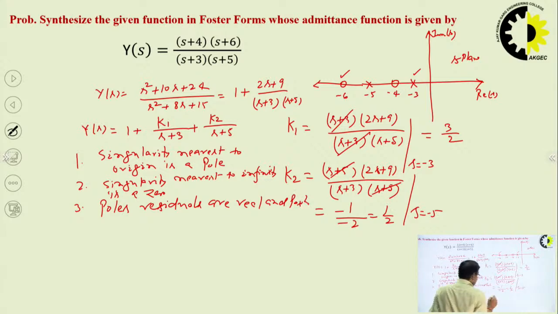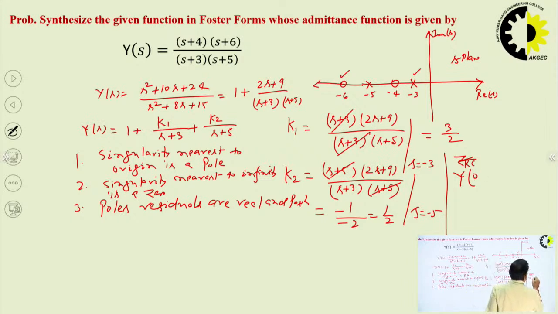Okay. At the same time, we can also find out what is your Z_RC(0), because it is admittance, so we go for the Y(0), not Z_RC and Z_RL and Y_RC, Y_RL. We don't know what the given function is.